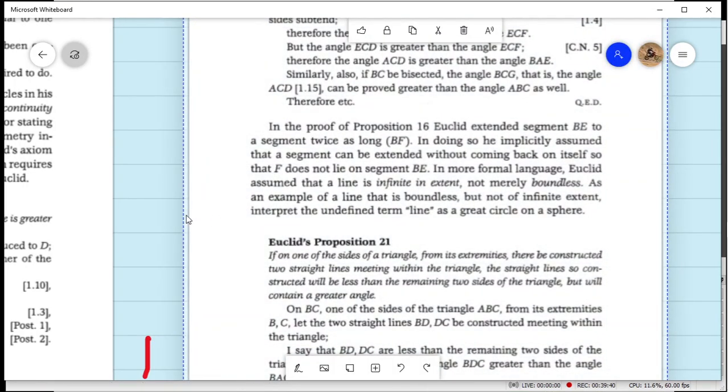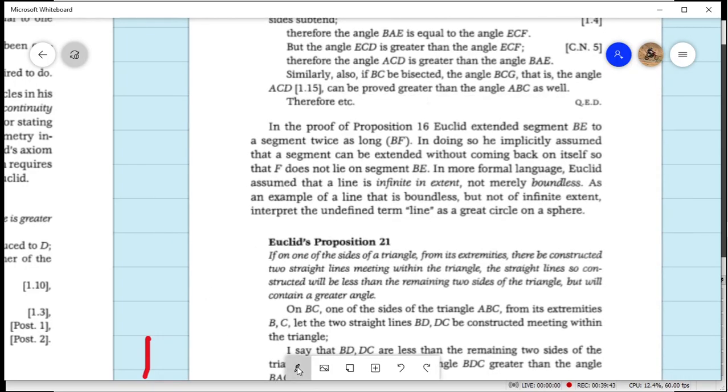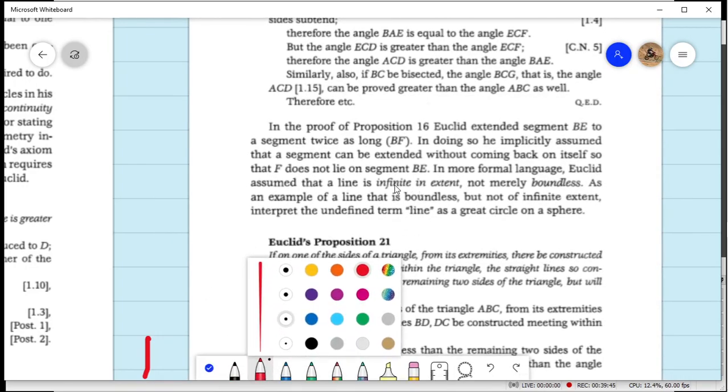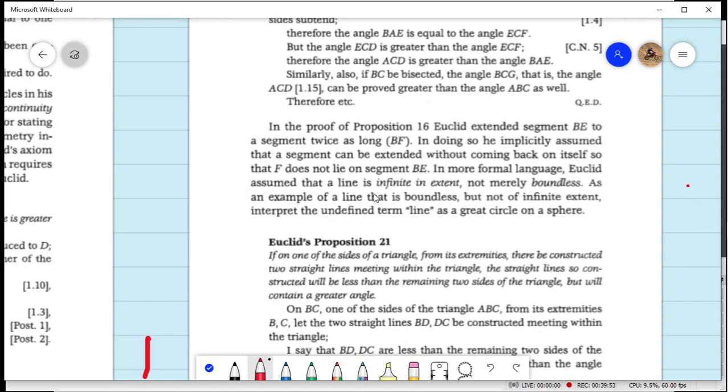A line is infinite in extent, that is postulate 2. But it doesn't say that it is boundless. It can be extended, but it can be bounded. That boundlessness was not explicitly stated.